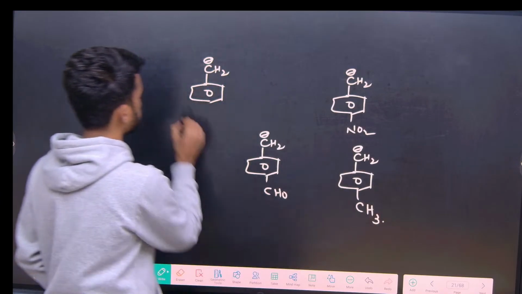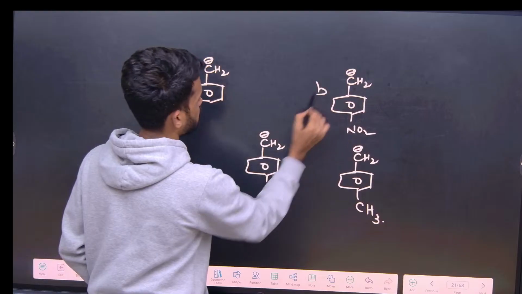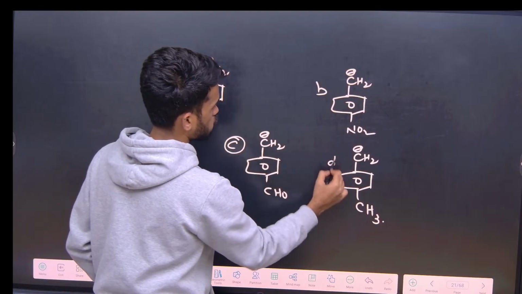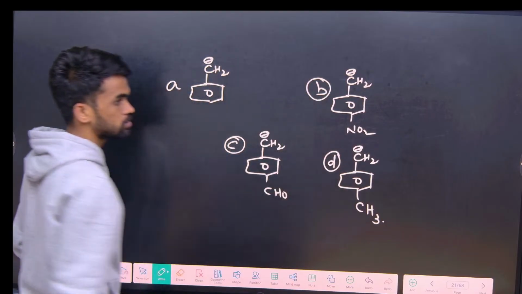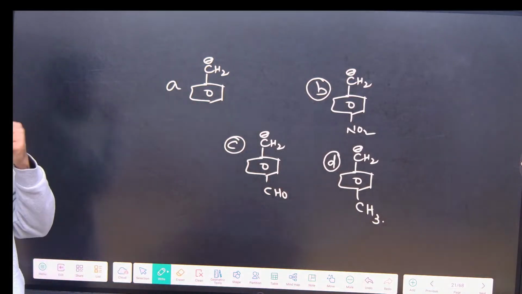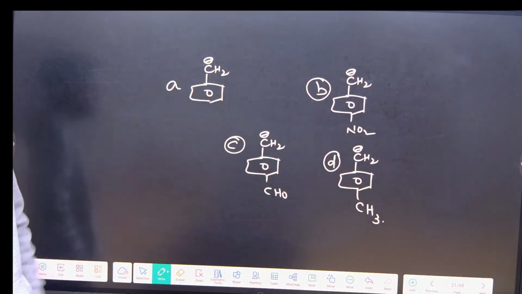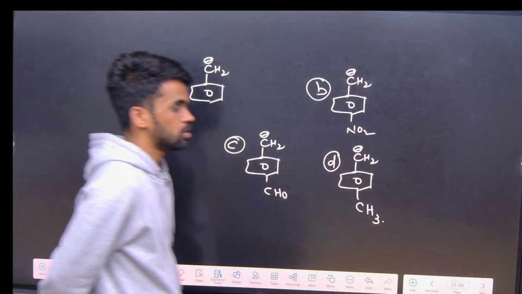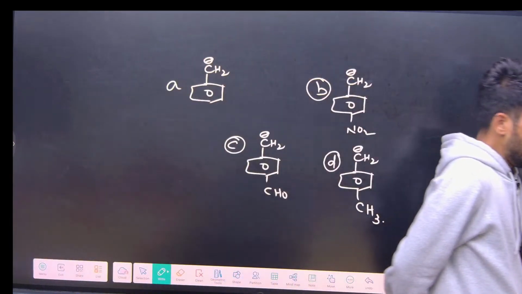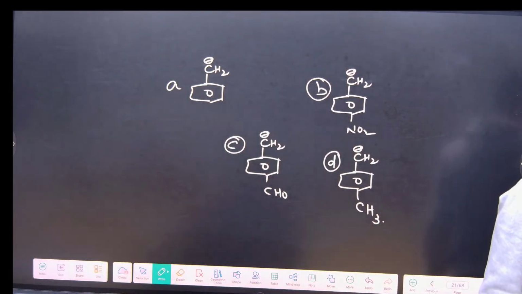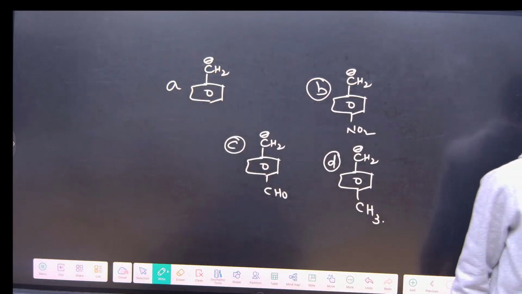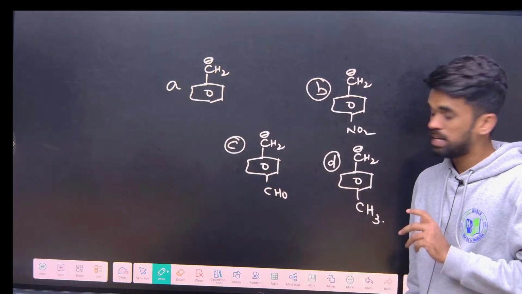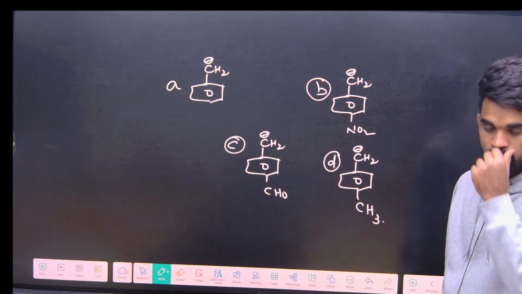Tell me which is the most stabilized carbon anion, or give the stability order of these carbon anions. Which is the more stable carbon anion out of these 4 options? I want the order of stability of these 4 carbon anions.